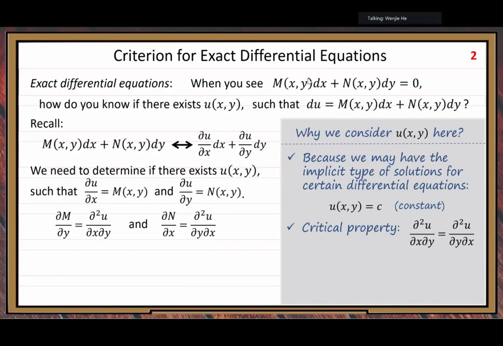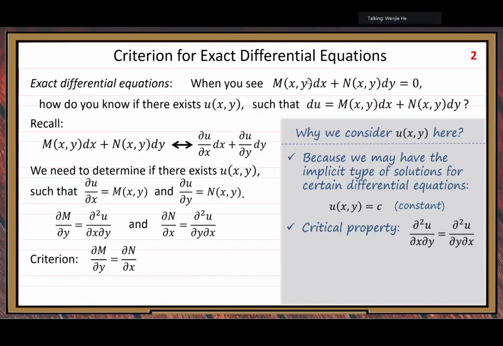Based on this property, they should be the same. So the criterion, in order to find such a U, is that this must be true. You need to check this condition. If it is true, then it's possible to find U.